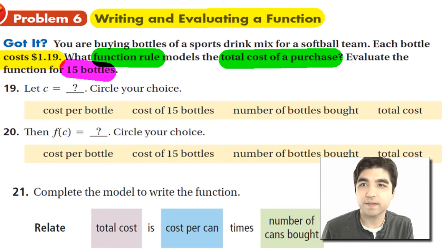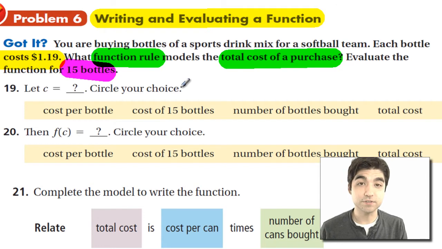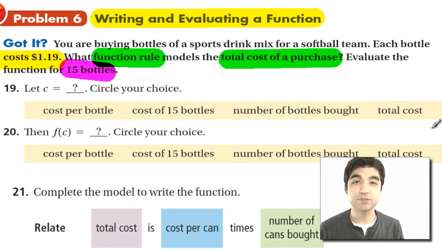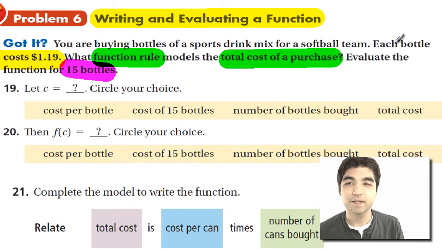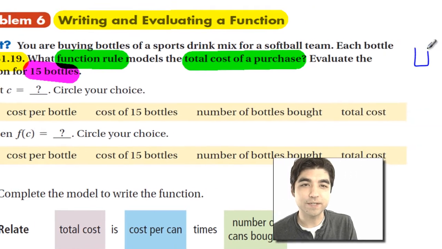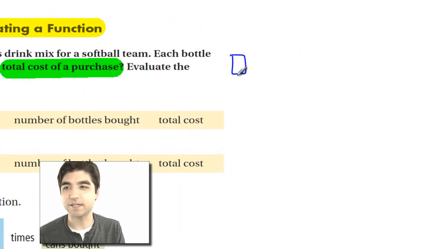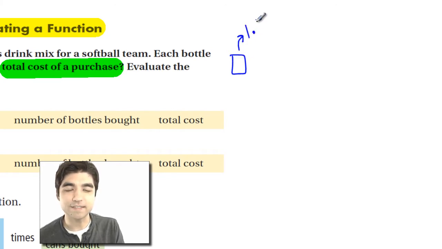Okay, so the first thing that's good to do on word problems is to draw a picture. So we have a situation where we are buying bottles of sports drinks, okay? So think, if you buy one of them, that costs $1.19, right? What happens if you buy two of them? How much is your total bill going to be?